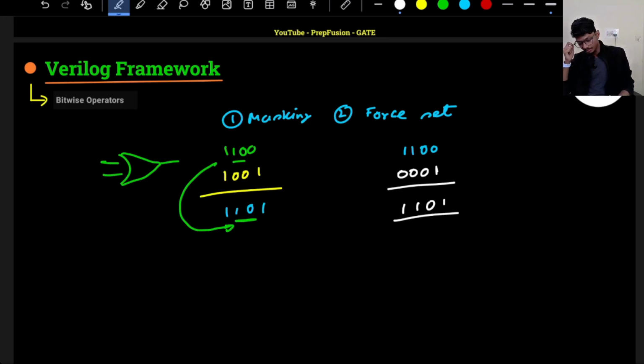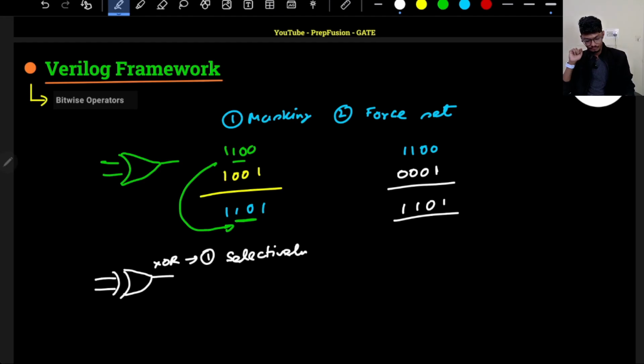Now what about bitwise XOR? What is the use case for bitwise XOR? The first use case is basically to selectively complement certain bits.